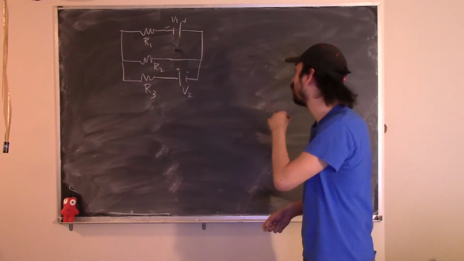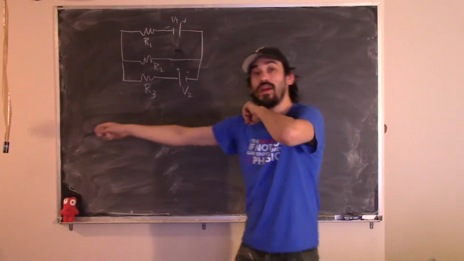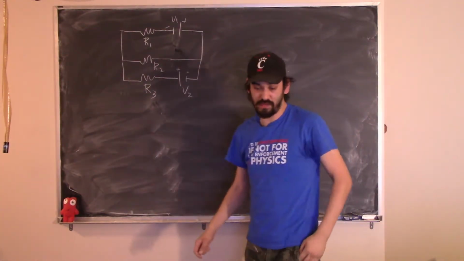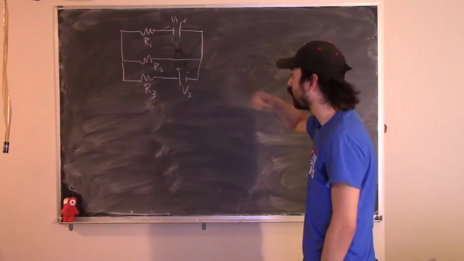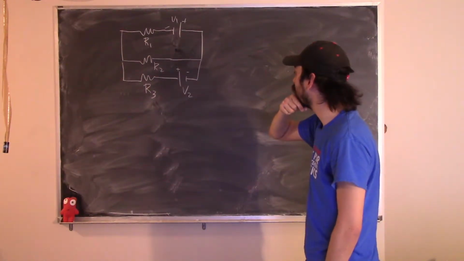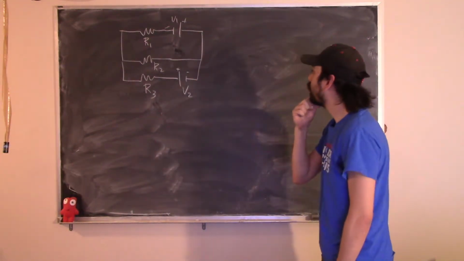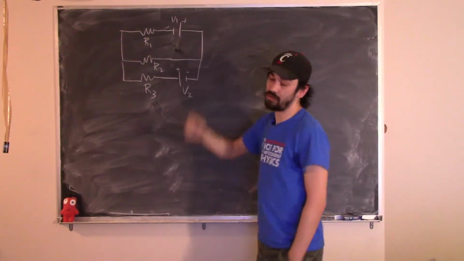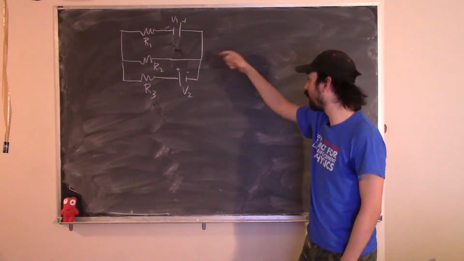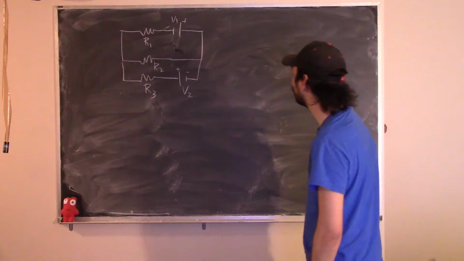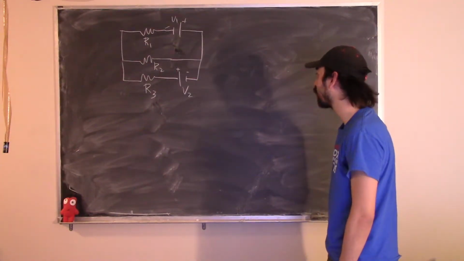You can always just define it whatever direction you want. And then when you do your loops, it'll come out in the end that if the direction you chose is the direction the current actually goes, it'll have a positive sign when you do the algebra at the end. Or if it's opposite the direction, it's going to have a negative sign.